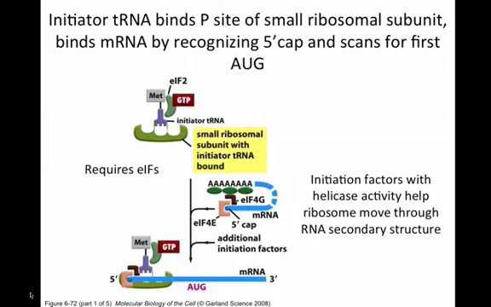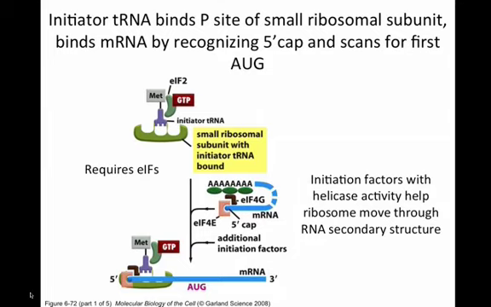Okay, so remember, when you make your RNA, it forms this loop structure. You've got your poly A tail here, and so you actually have EIF4E, which binds to the 5' cap, and then EIF4G that binds to the cap and the poly A tail. That brings it into that conformation.